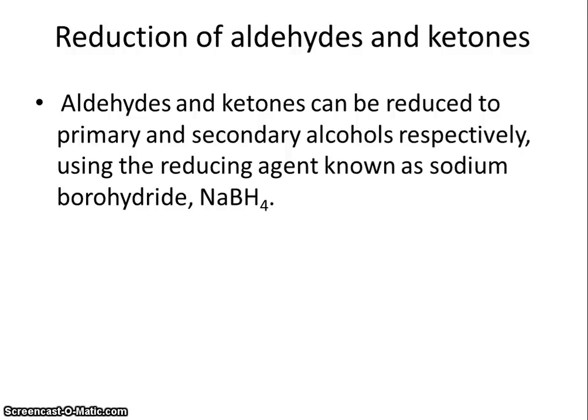If you can oxidize something, what's to say you can't take that oxidized version and reduce it back to what it was to start with. This one is very common in exam questions, and people forget about it, so take note of reducing aldehydes and ketones back to their primary and secondary alcohols.